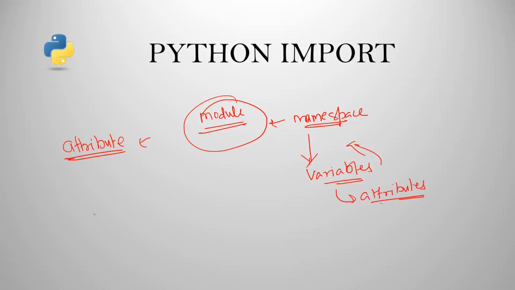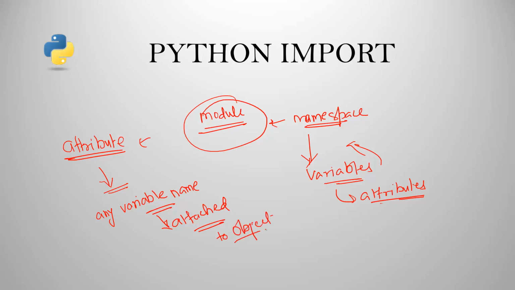In simple terms, an attribute is a variable name that is attached to a specific object, like a module. So what is an attribute? Attribute is any variable name that is attached to an object. Example: module.